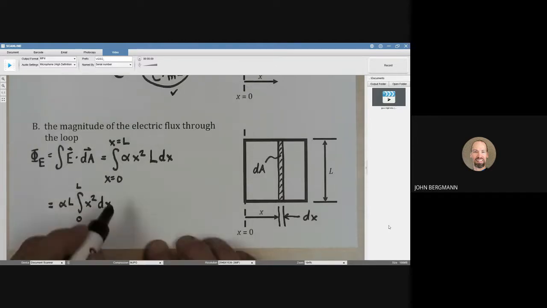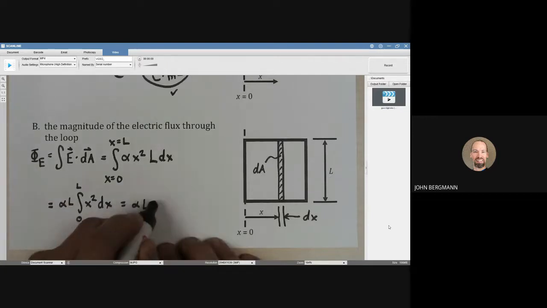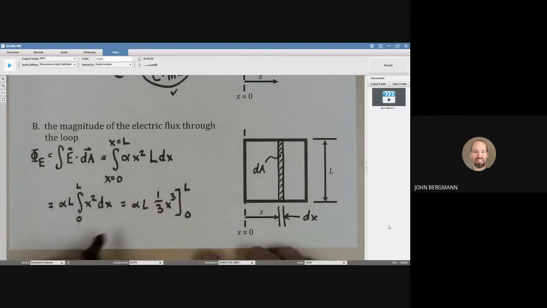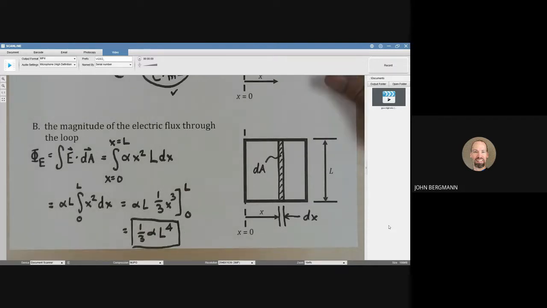And when we do that, we're going to get alpha times L times 1/3 x cubed, with our limits of integration. And when we solve this, I think we're going to get 1/3 alpha L to the 4th. That's the expression for the electric flux through that loop.